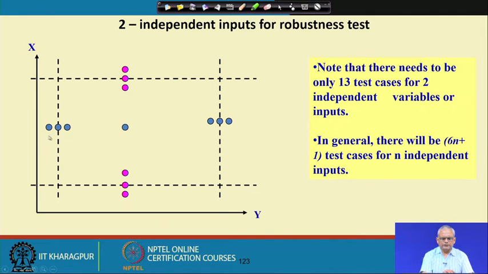Considering invalid values as well, we see that for 2 parameters, we need 13 test cases. So, 6 plus 6 plus 1, 13 test cases. So, in general, if we have n parameters, we need 6 n plus 1 test cases.